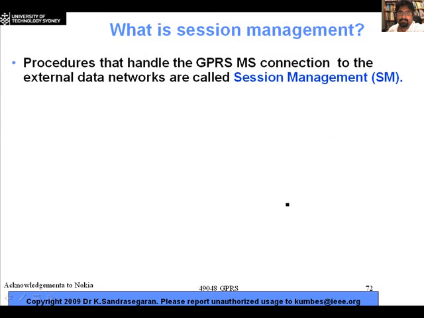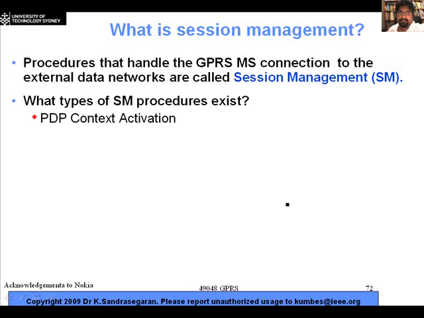Okay, so in session management, that is the point at which a GPRS subscriber wants to connect to an external network. In order to do that, there are three important procedures that are defined. The first one is called PDP context activation.